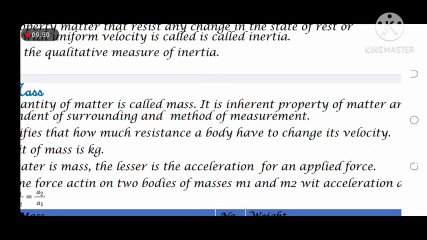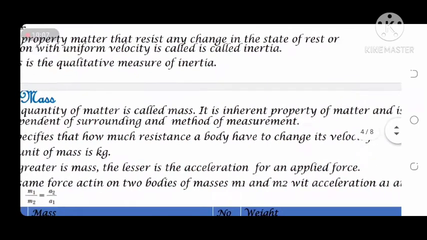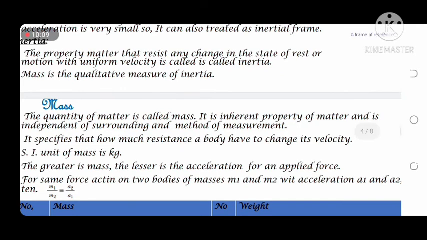A small body we can move easily because it has small resistance, small inertia. If there is a large body at rest, it must have large inertia, so it is difficult to move it. And similarly, if a small body is moving, we can easily stop it because it has a small inertia.